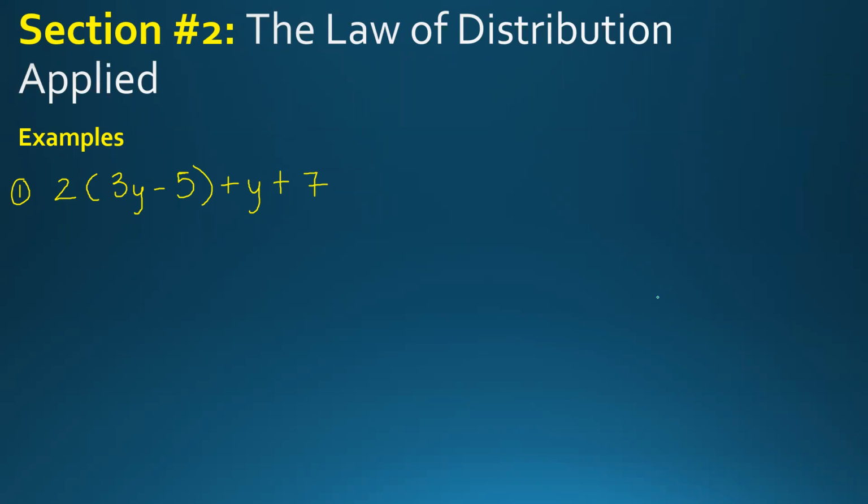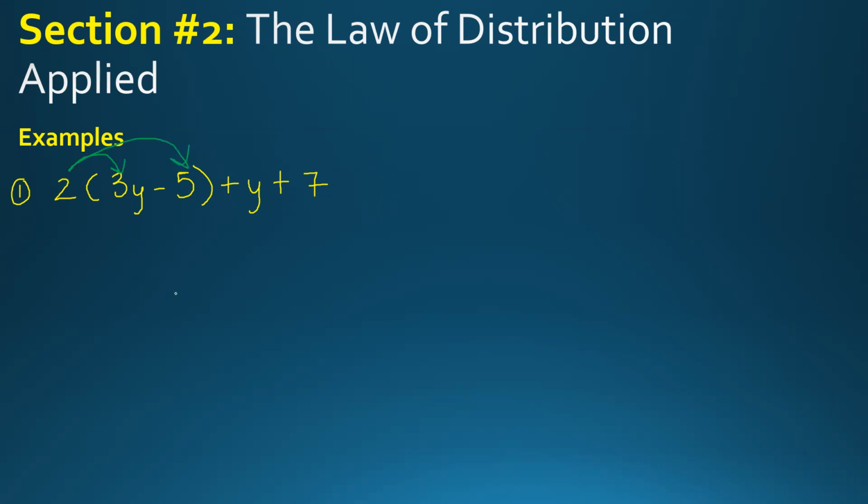Go ahead, Nai. You multiply 2 and 3y, and then you also multiply 2 and -5. Very good. So we distribute. We're going to distribute the 2 to the 3y and also the 2 to the 5.